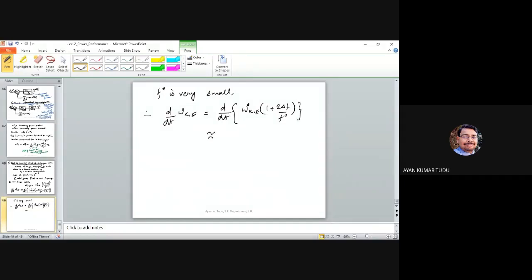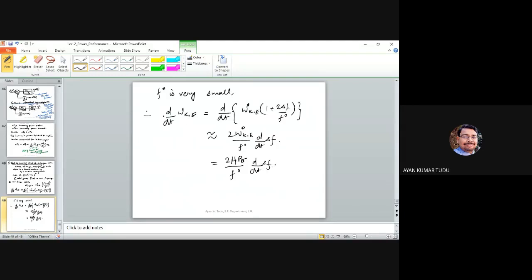This would be equal to 2 into W naught KE by f naught into d by dt of delta f. So this can be written as 2 into HPR by f naught d by dt of delta f.